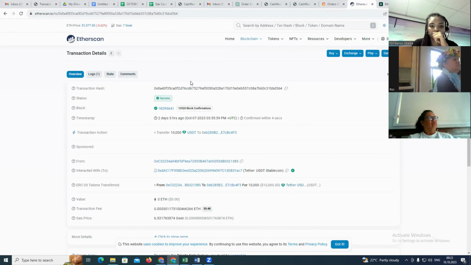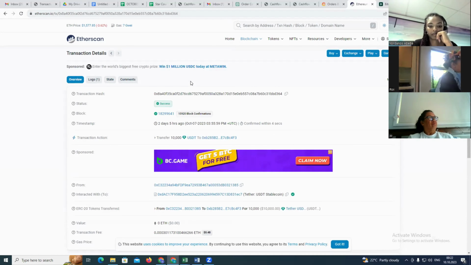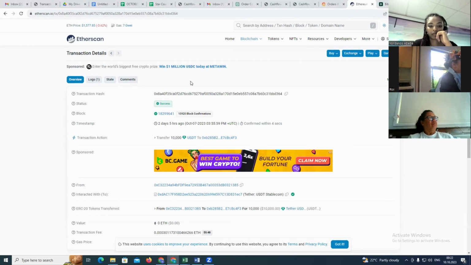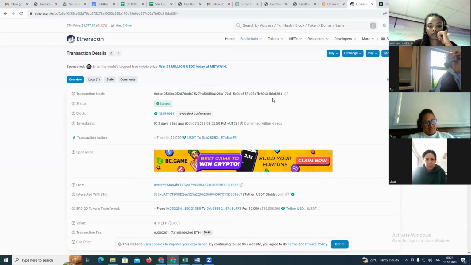The way you can locate the value of the transaction and the time when the transaction was made, the same information you can find on every blockchain explorer. So this is TronScan. You can see the transaction ID on the top here, starting with 0x.